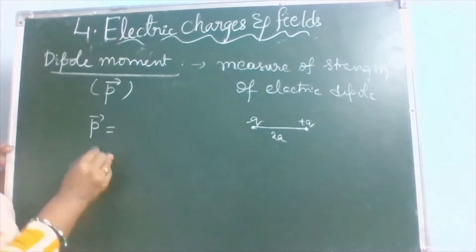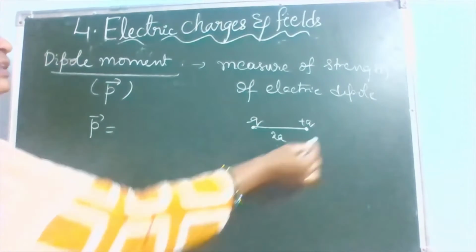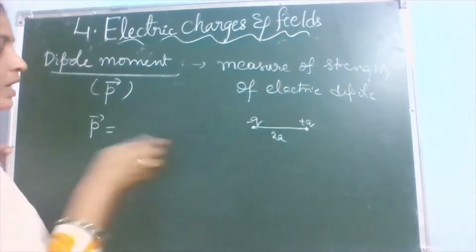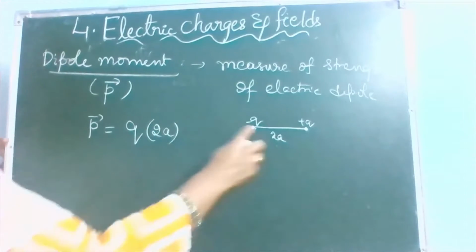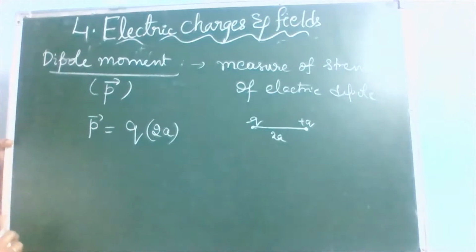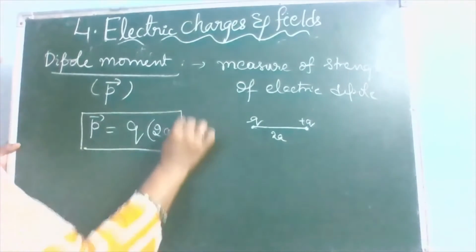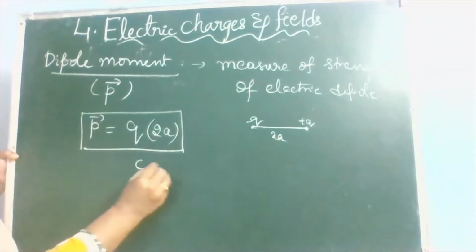Then this dipole moment will be given by the product of either of the charges, either this one or this one, into the distance between these two charges. So the dipole moment is given by this formula, and the units for the dipole moment are coulomb-meter.